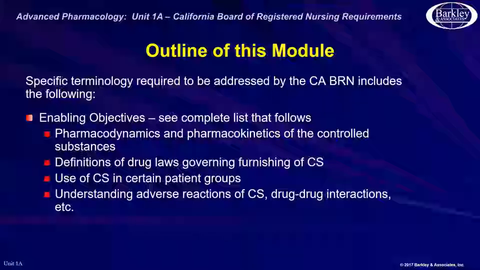Controlled substances will be described and discussed throughout this course. We also have to discuss definitions of drug laws governing furnishing of controlled substances, use of controlled substances in certain patient groups, and understanding adverse reactions of controlled substances, drug-drug interactions, and other things pertaining to controlled substances.